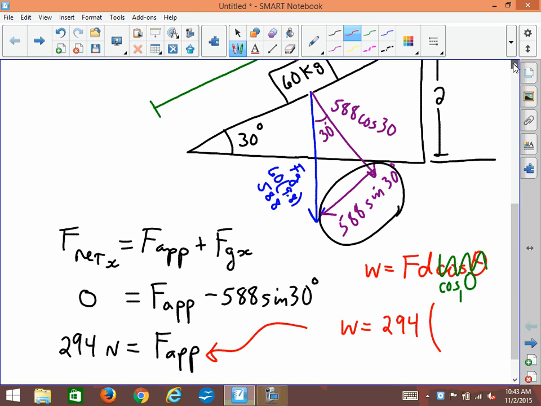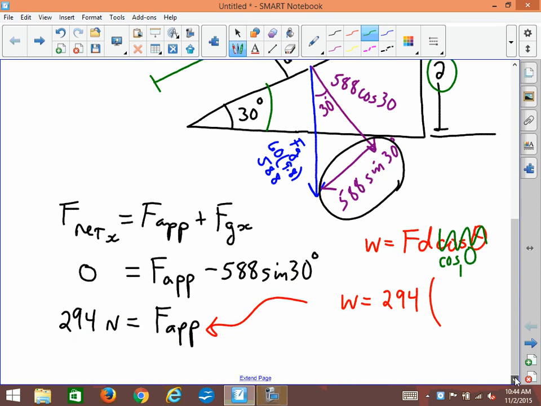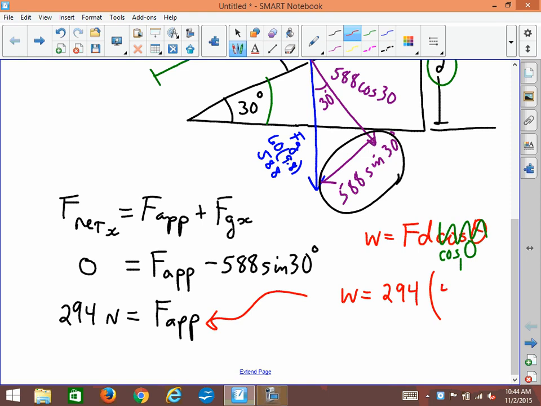Well, we don't have a number, but look, sine theta, 30 degrees, is equal to 2 over what? Sine theta is a half, so that must be 4. So we used our simple trig to figure out how far it is up the ramp. So that's 4. We multiply 294 times 4.